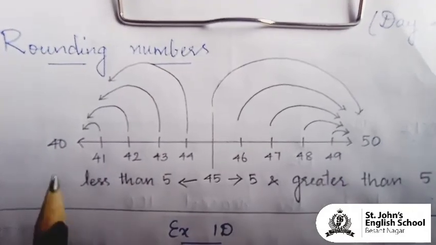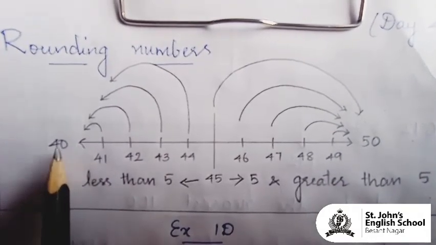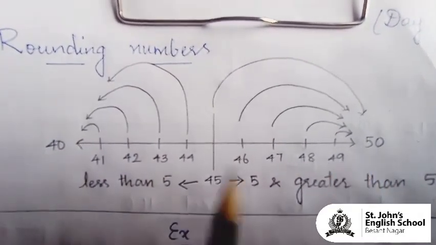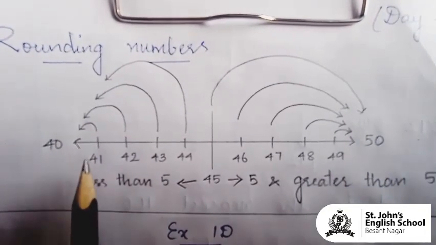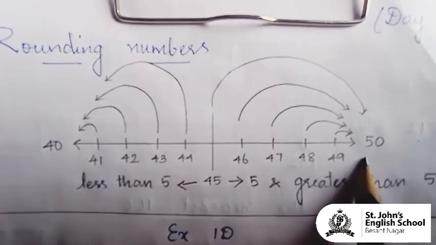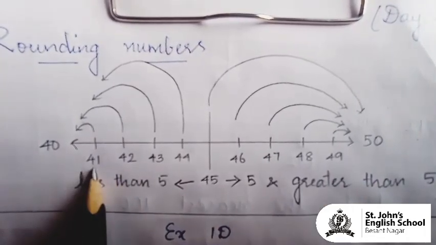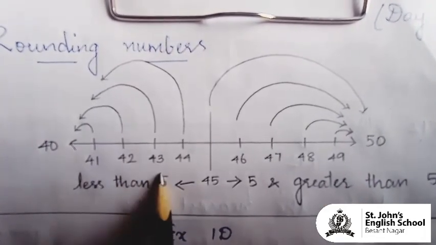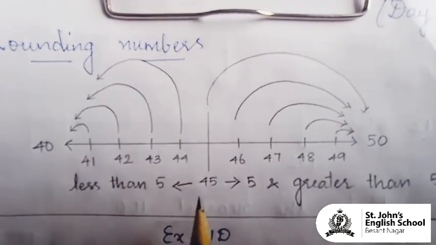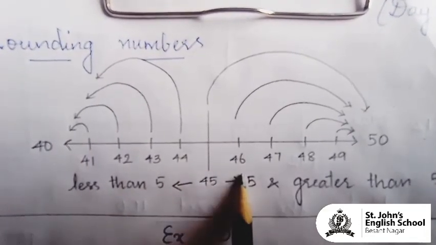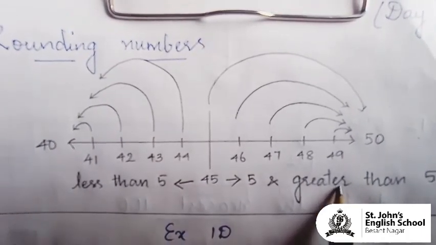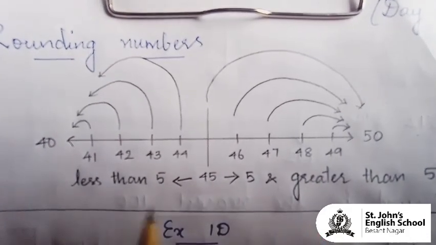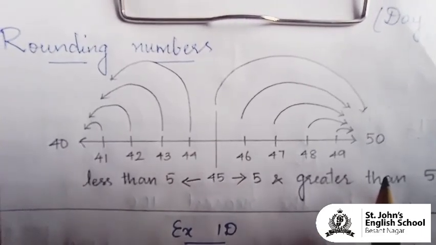That is, if you take the edge of the numbers like 40 and 50, the numbers in between 40 and 50 are 41, 42, 43, 44, 45, 46, 47, 48 and 49.